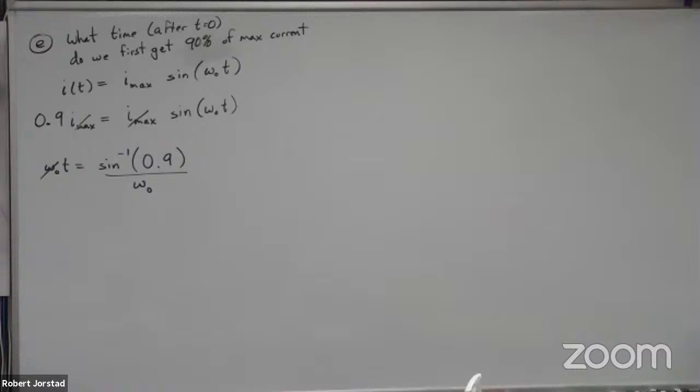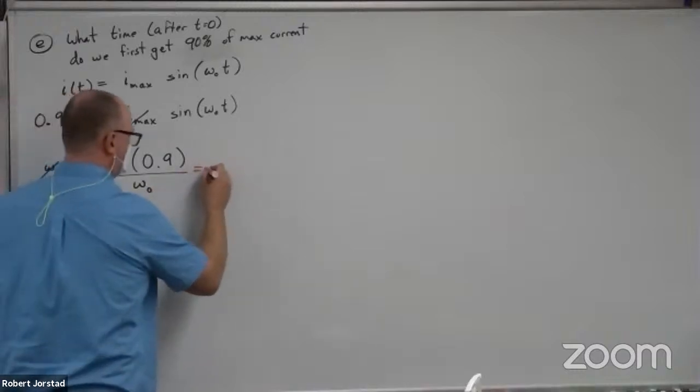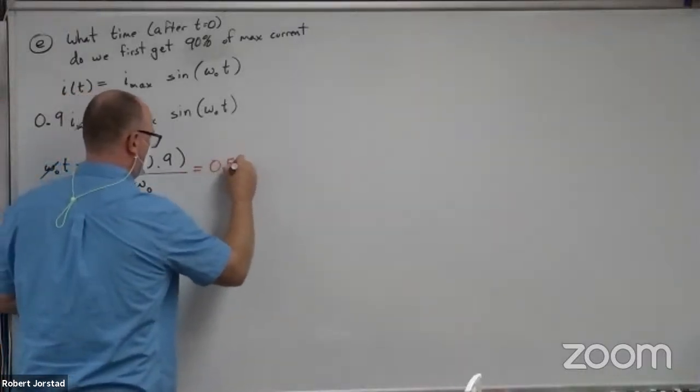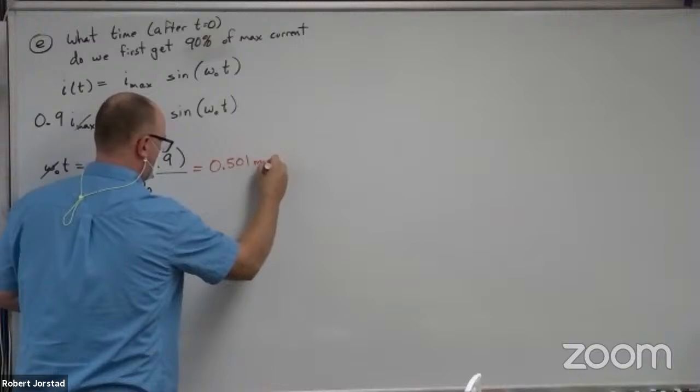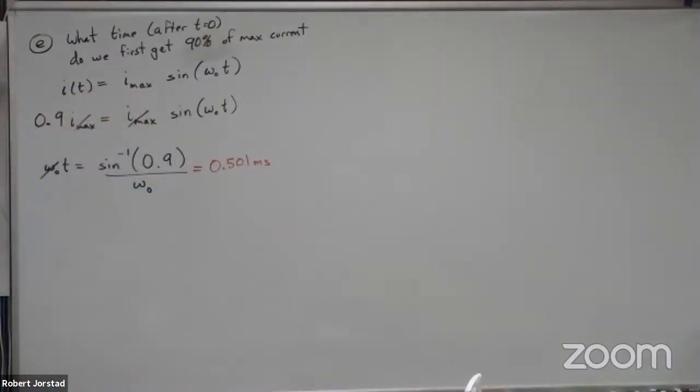What was it? 2236 was omega naught, I think. Is that what you got? Punch it in on your calculator, please.